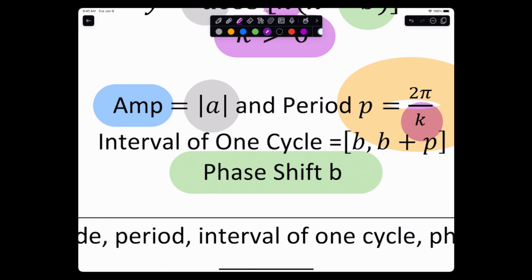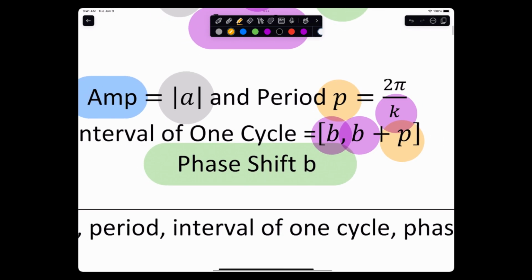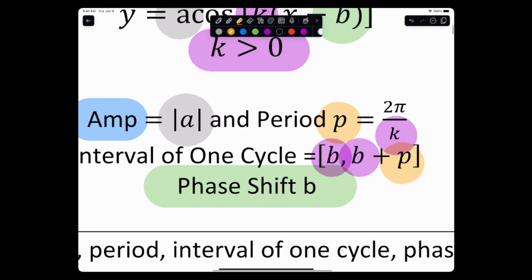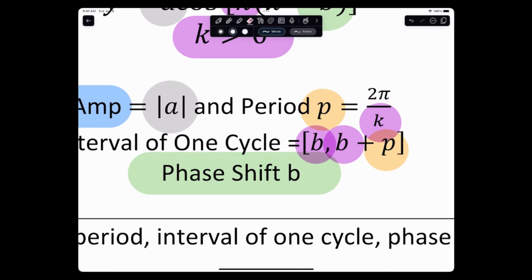In other words, you start at B, and then you end at B plus P. If you guys want to see things in terms of colors, phase shift is green. So that B value, the phase shift value, is where you start, and then you take the phase shift and you add the period. And that is new here.